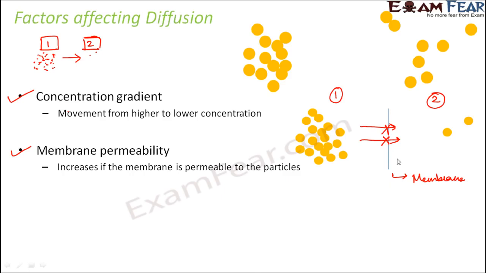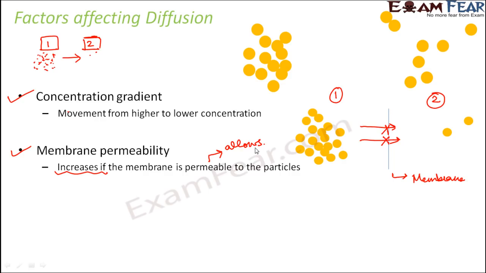If the membrane is not permeable, that means it does not allow those particular gases to pass through it, then even though there is a difference in concentration, those particles cannot pass through the membrane, so diffusion cannot take place. So the rate of diffusion will increase if the membrane is permeable to the substances. Permeable means the membrane allows those substances to pass through it, because if the membrane doesn't allow them, the rate of diffusion will prominently decrease.